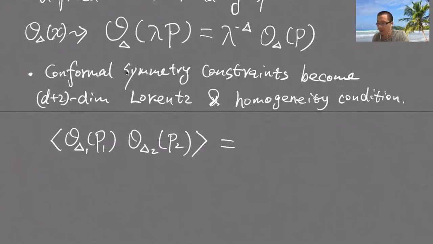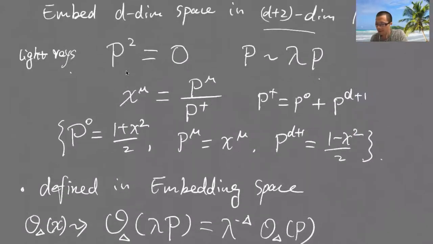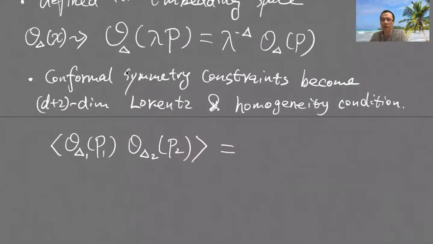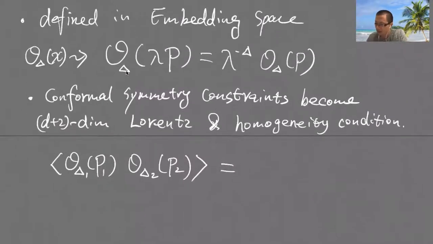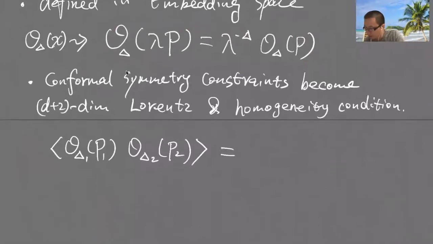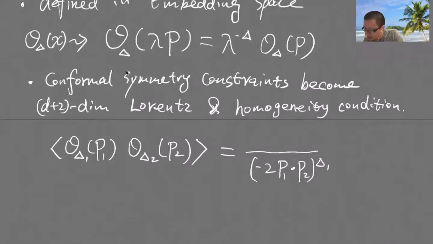That's the only thing you can make up, because P1 squared equals 0 since it's light-like. Then this scaling requirement uniquely fixes it. Not surprisingly, the two-point function is fixed up to an overall factor, and it is non-vanishing only if Δ1 and Δ2 are equal.